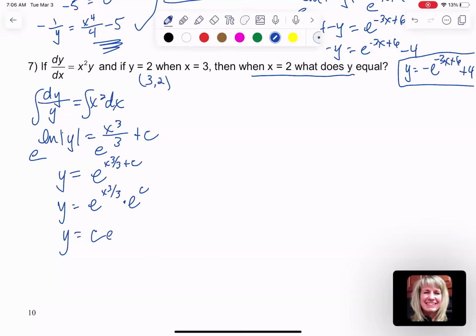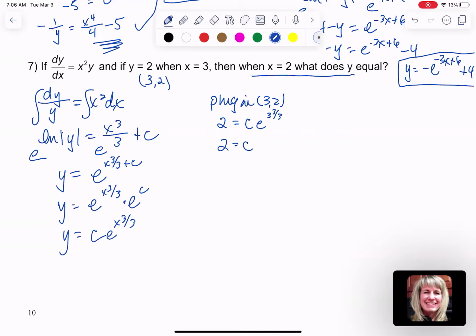So c equals e to the x cubed over 3. Now I'm going to plug in my point. So 2 equals c, e to the 3 cubed over 3. That's 2 equals c. That's 27 divided by 3.